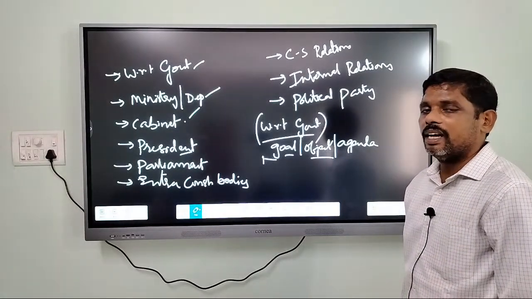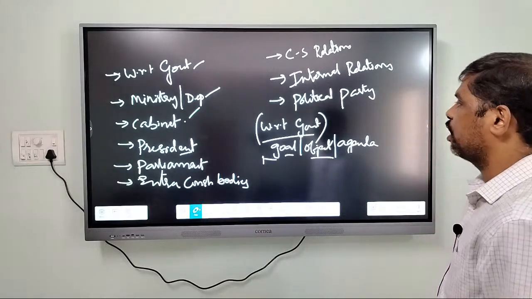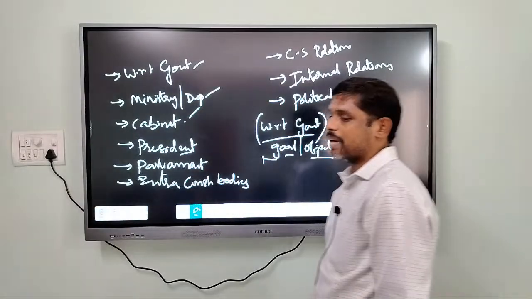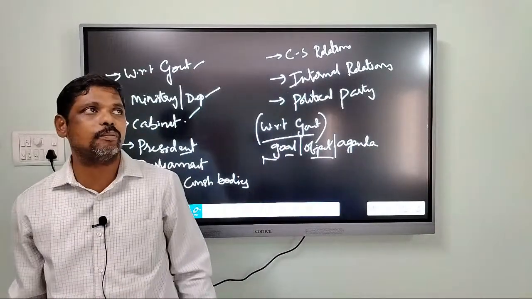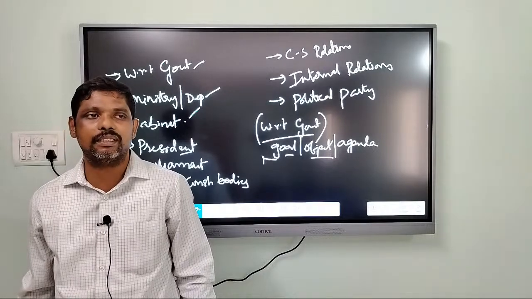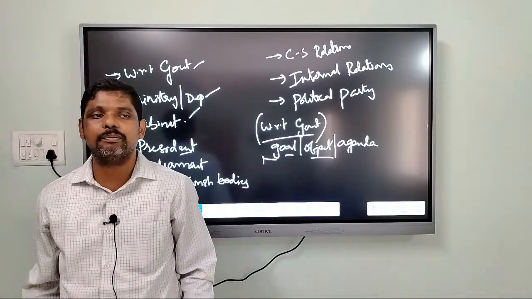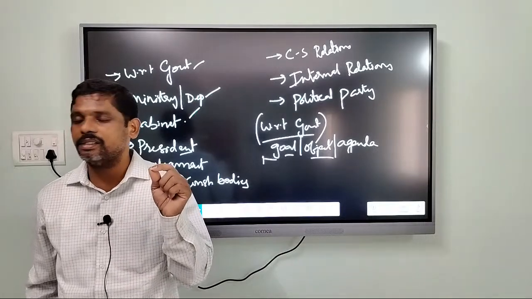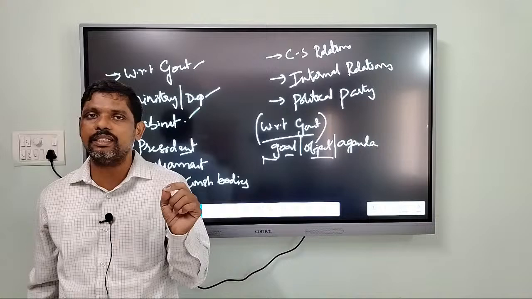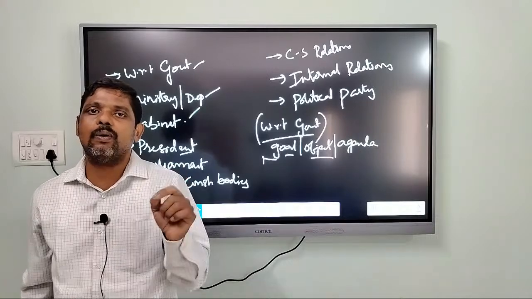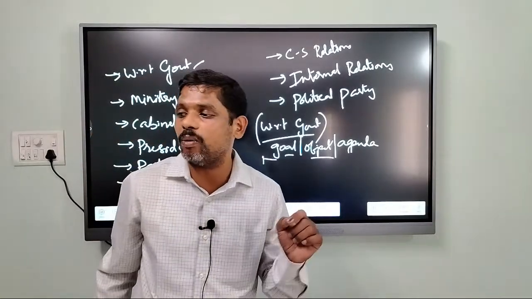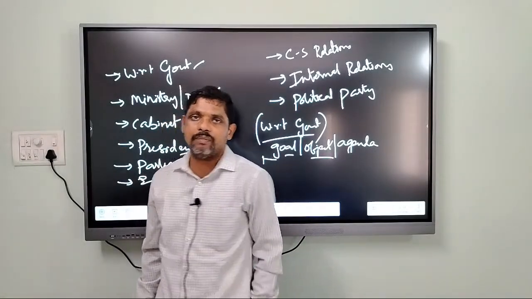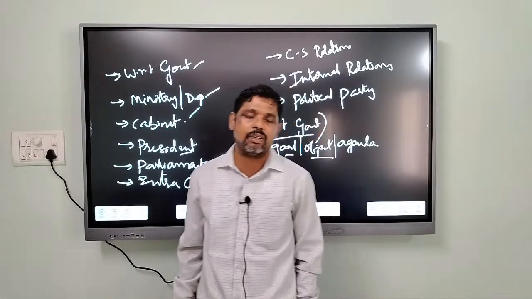In fact, the entire office of the President is dependent on the advice given by the Prime Minister. President shall act only on the aid and advice of the Council of Ministers headed by the Prime Minister. That is what Article 74 says. Without the advice of the Prime Minister, the President cannot work.